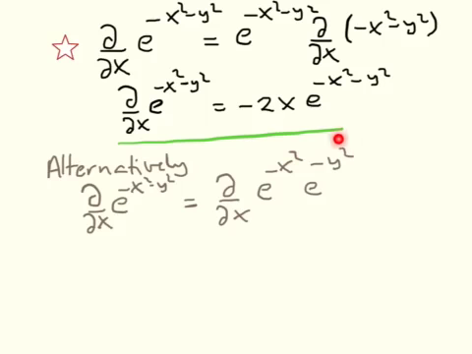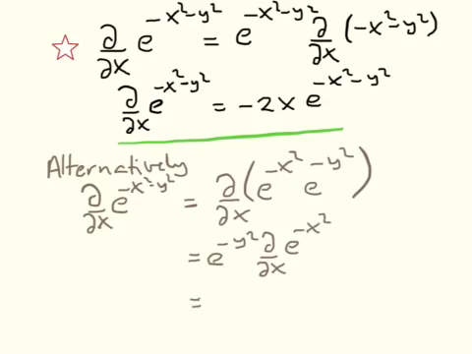This final term here does not depend upon x, so I can pull it outside of the brackets, outside of the derivative. So I'm going to have that this is e to the minus y squared times d by dx of e to the minus x squared, and then this is going to give us e to the minus y squared, and then here we have the exponential e to the minus x squared times the derivative with respect to x of the argument, which is minus x squared.